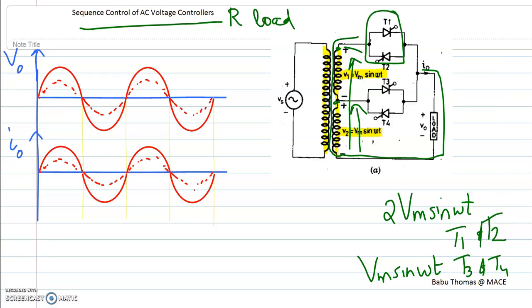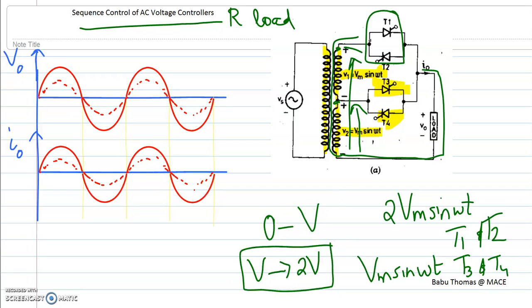For obtaining the output voltage control from 0 to the RMS value of V, you will be controlling thyristor set T3 and T4, because the maximum voltage there is V. Controlling the voltage from V to 2V is made possible by controlling the thyristor set T1 and T2.